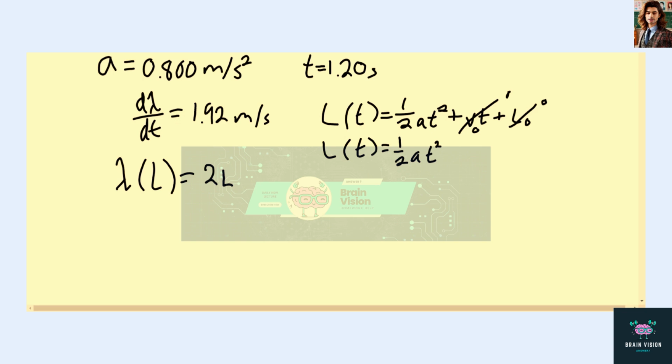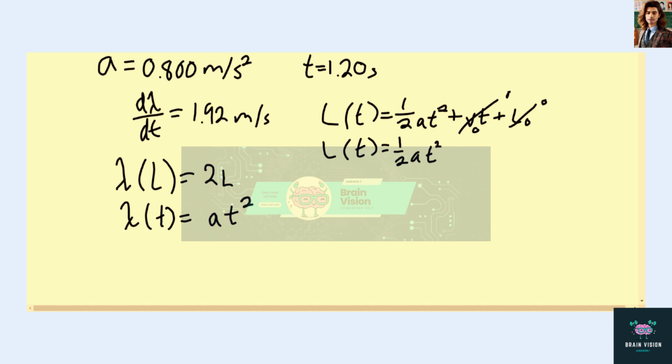Now what we want to find is d lambda dt. We have lambda in terms of L, and we have L in terms of t, so we can write lambda in terms of t.